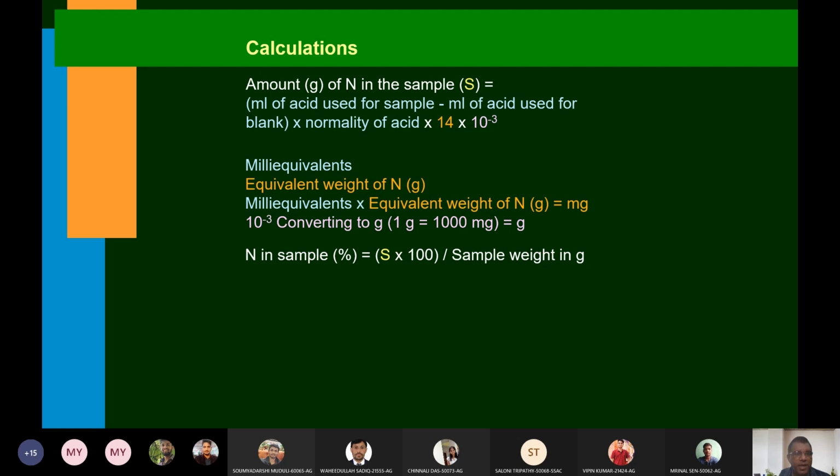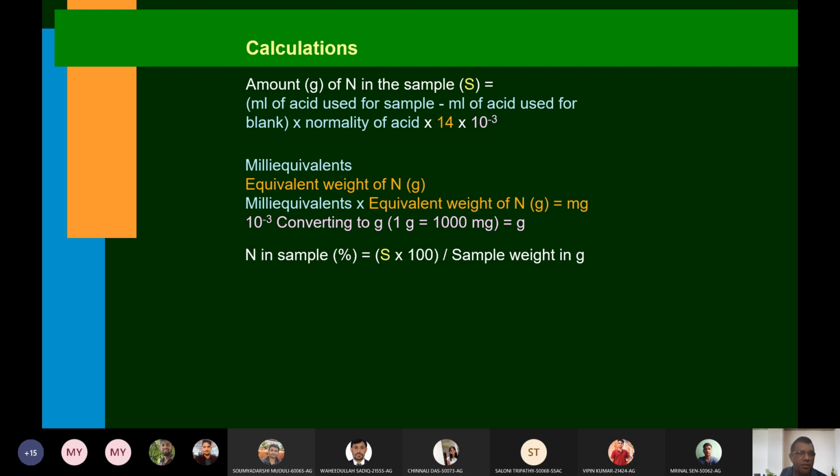Now reading of blank is subtracted from the reading of the sample just to overcome the errors or some mixing in the chemicals. To avoid that, we take blank samples. So error is minimized by using this. So now we know how much acid is consumed to neutralize the nitrogen in the sample.